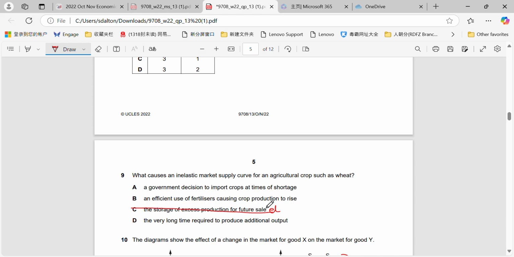Efficient use of fertilizers, again, that would make us elastic. A government decision to import crops at a time of shortage wouldn't have an effect on making it inelastic at all. It's a secondary, or an external decision that is made essentially.